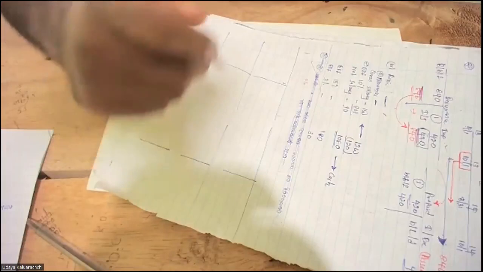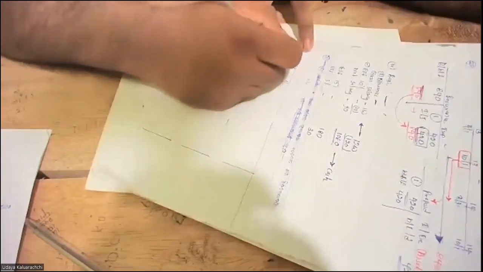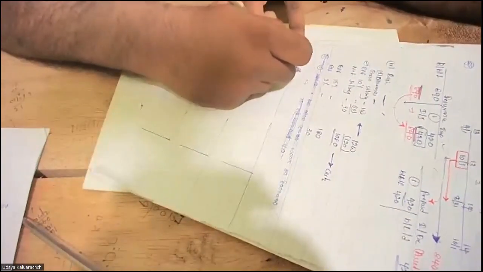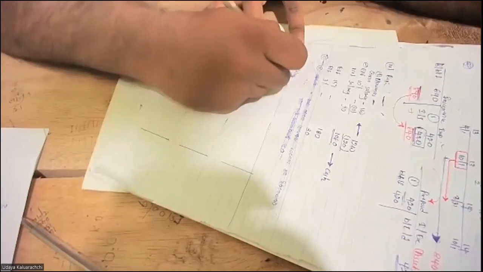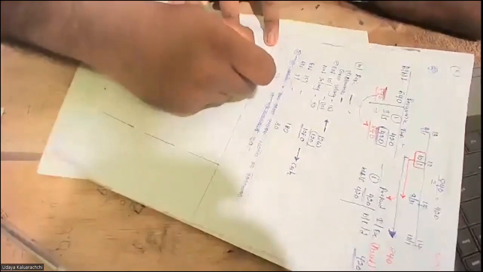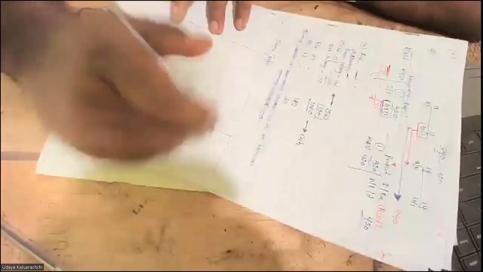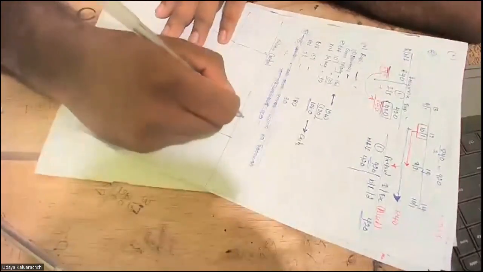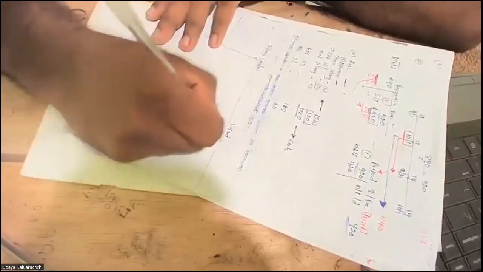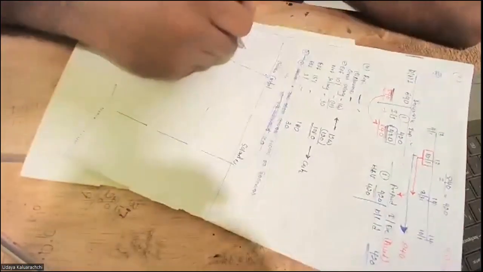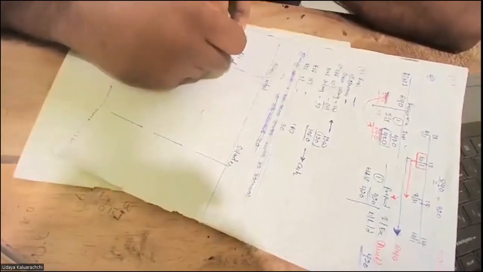Right. Then this is salaries control account. Then this is salaries account. Then EPF expenses.